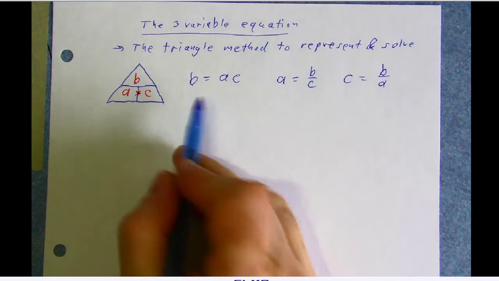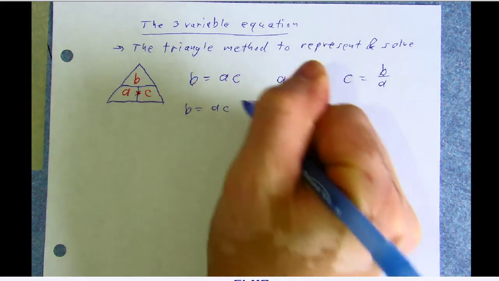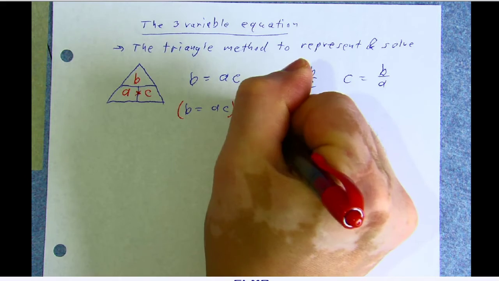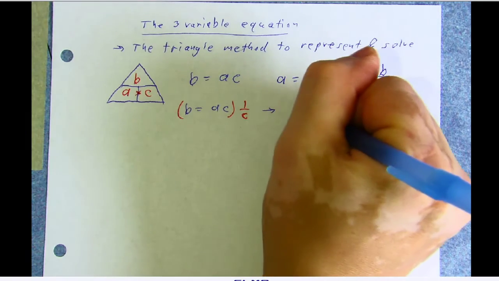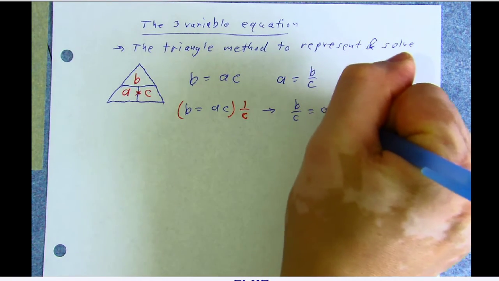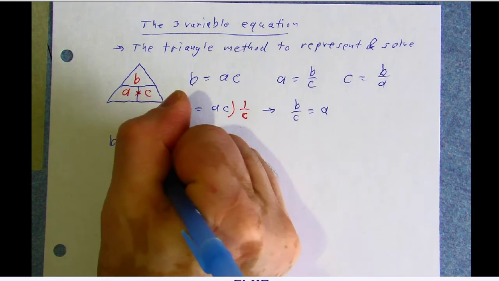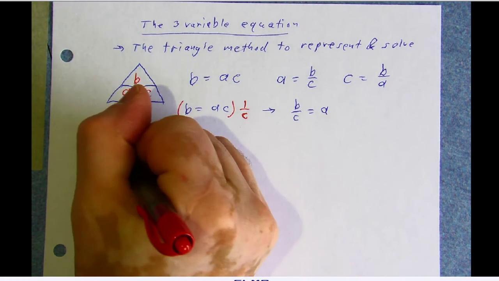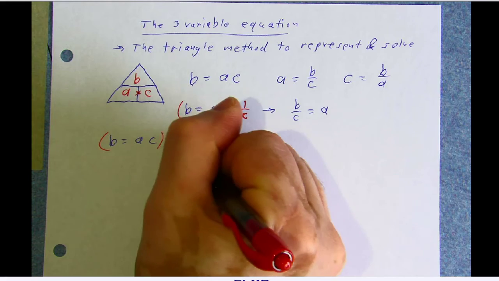So if I had an equation like this, B equals A times C, normally, algebraically, if I want to find A, I have to divide both sides by C, and this gives me B over C equals A. Alternatively, if I had B equals AC and I want to find C, I do the opposite.